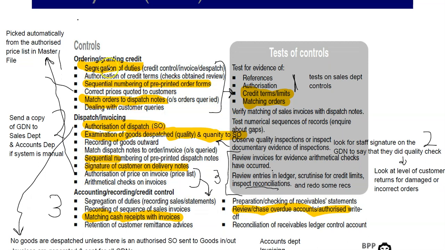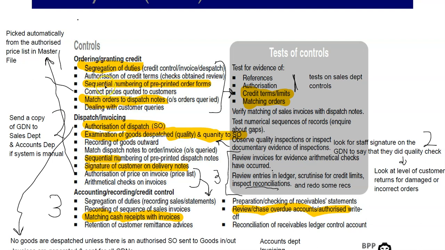So the controls. In the accounting department's segregation of duties, it talks there about credit control and the difference between credit control, segregation, invoicing, dispatching, accounting. So main controls in credit would be credit terms, so that customers don't exceed credit limits, that all customers are authorized. And then sequential numbering is a very important test.